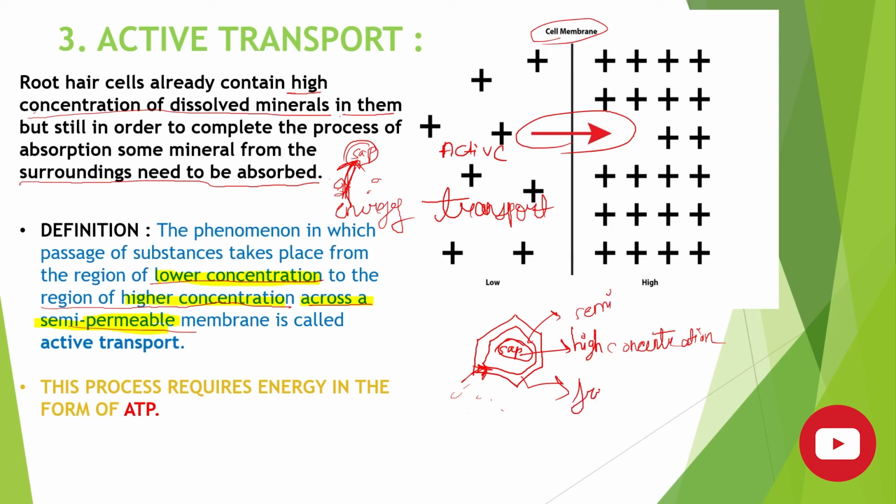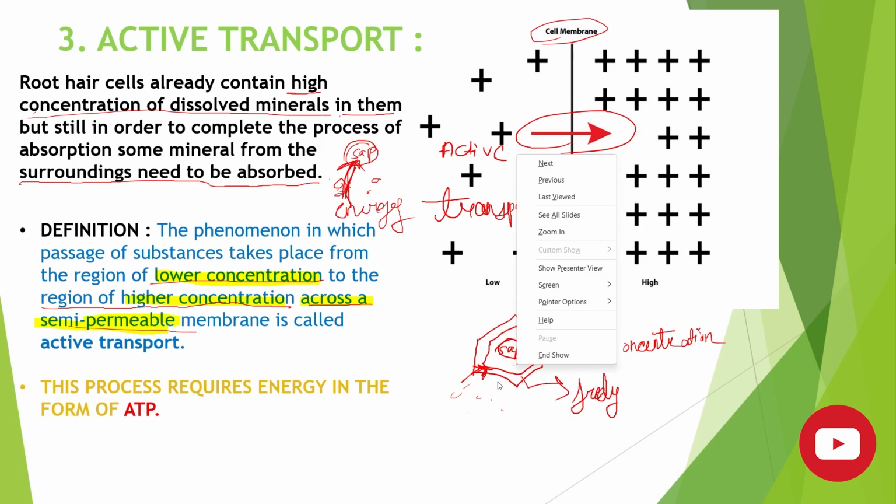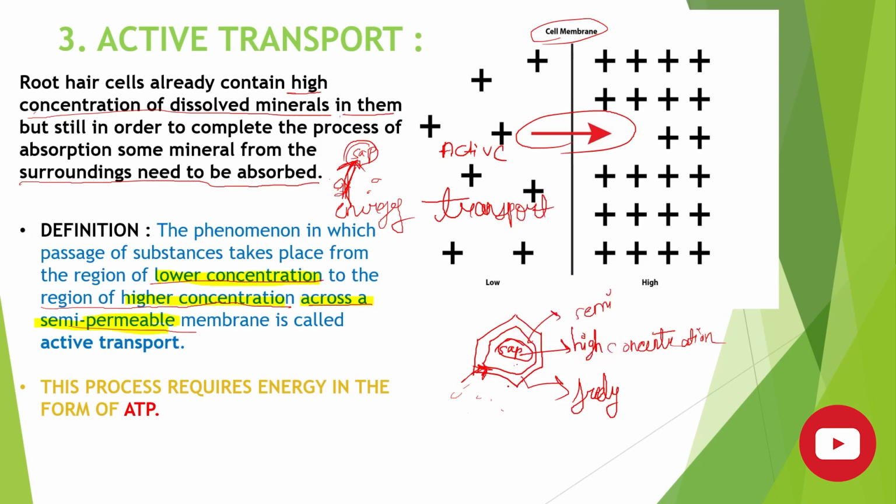Now, cell sap is present inside the cell membrane. So, for passing the water and minerals inside the cell membrane, the minerals have to cross a semi-permeable membrane, right? Which is the cell membrane.